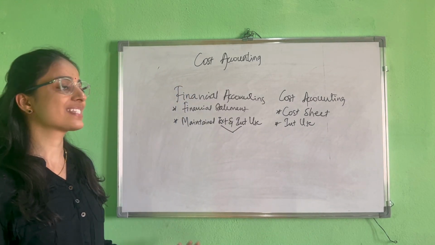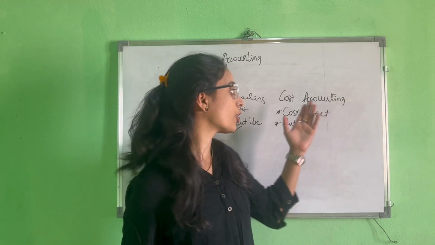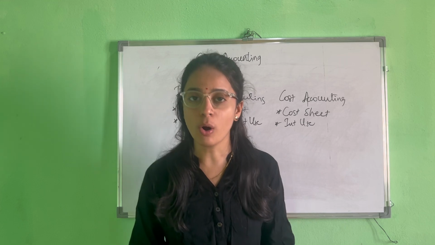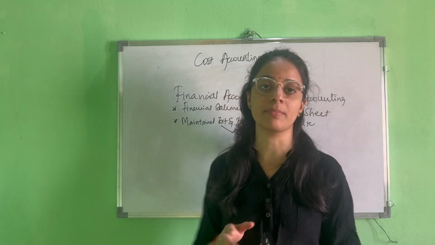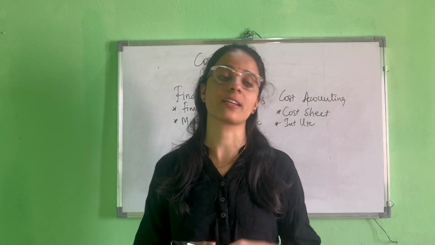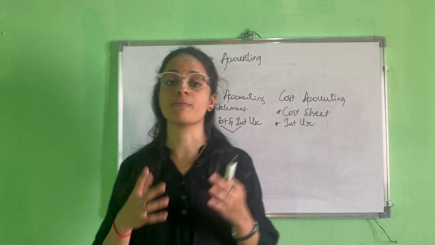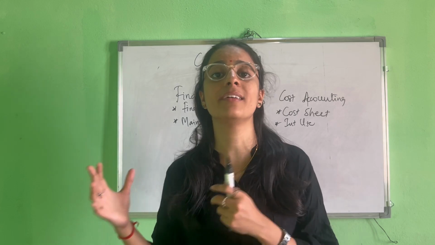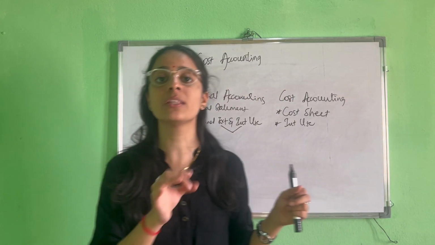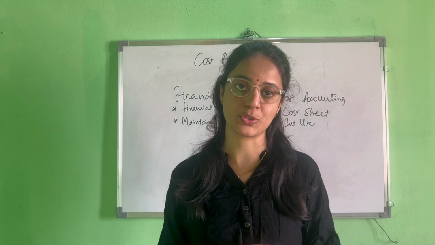Have you come across any company that is issuing their cost sheet on their website? No, but we can always find their financial statements on their website. So cost sheet is for internal decision making, whereas financial statements are for both internal and external use.